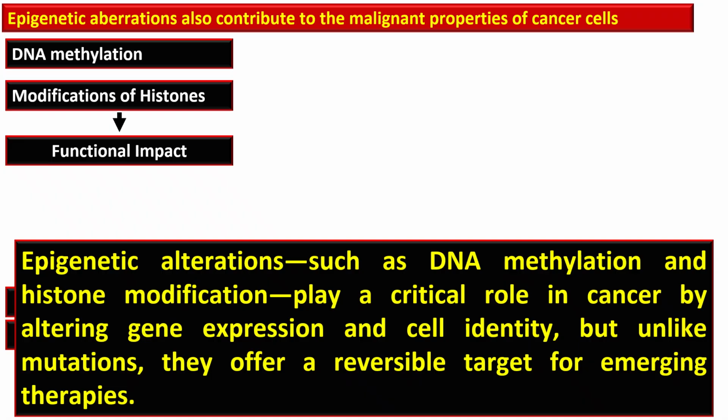So these epigenetic alterations, such as DNA methylation and histone modification, play a critical role in cancer by altering the expression of genes and the identity of the cell. But unlike mutations, they offer a reversible target for emerging therapies.